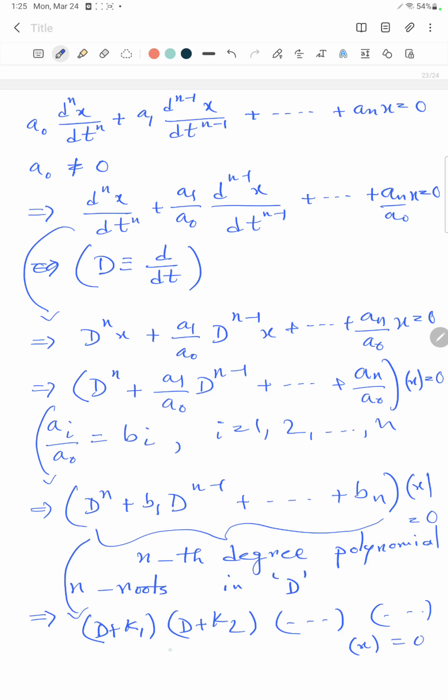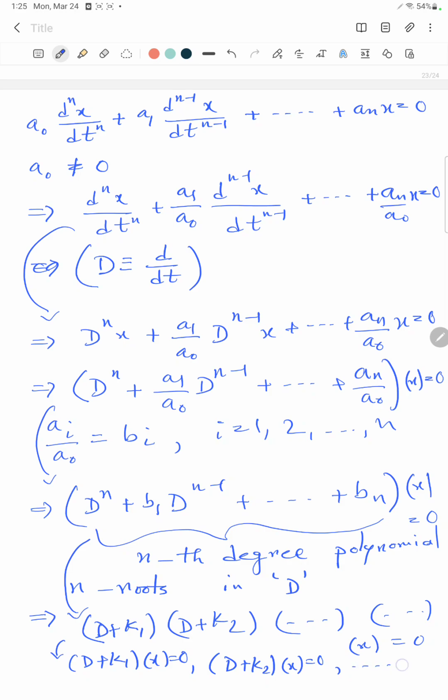And now from here, we have arrived at the end stage. From here we will get n equations like (D plus k1) operating on x giving you 0, (D plus k2) operating on x giving you 0, like this.